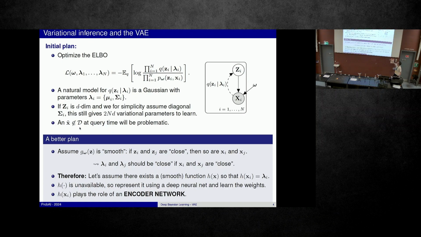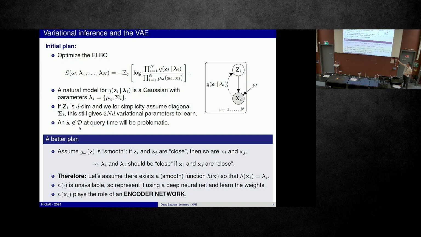So we assume that there is a neural network here, which we'll see, that takes xi as input and provides some variational parameters. And these variational parameters then define the variational distribution for that particular data point. This network is also referred to as the encoder network. So we are encoding from the data space into the latent space.